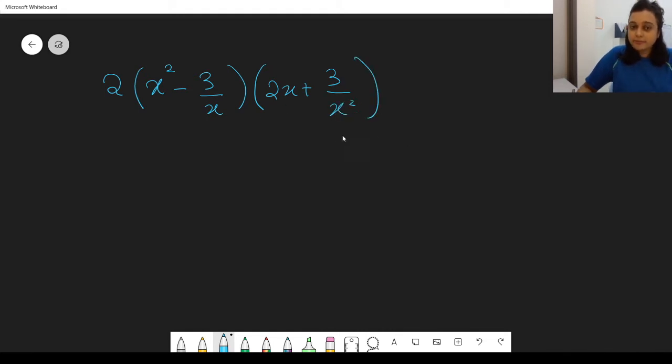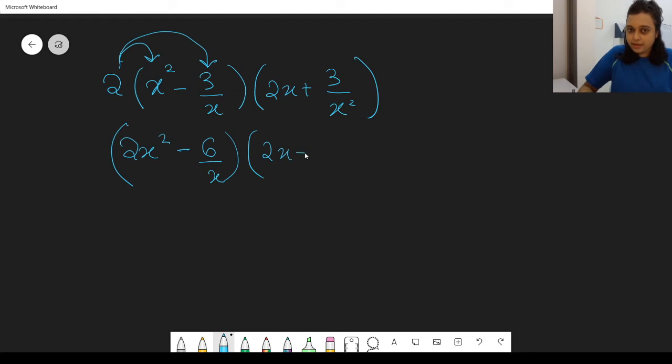How to expand? Do slowly, take your time. Don't rush when you're practicing. Take your time and do slowly. 2 times x squared, 2x squared. 2 times 3 over x, 6 over x. Done. This one copy back.